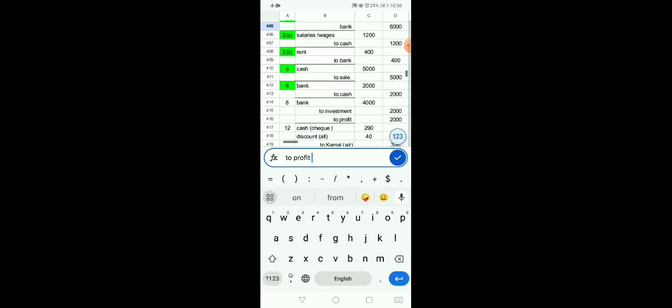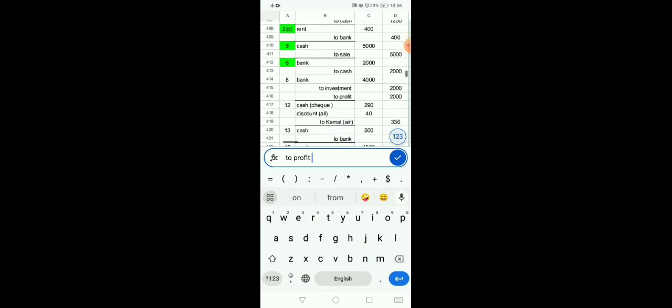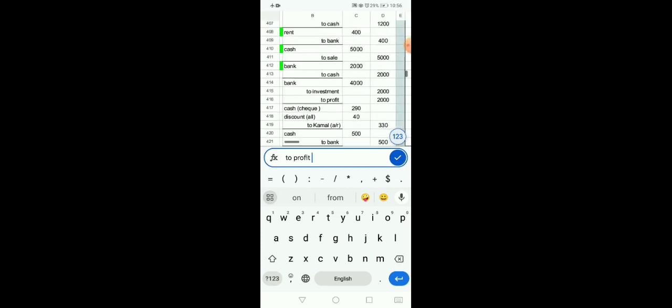See its reference. There are two references, investment and profit, and both would be written. You will write first investment and then profit. You may write a single statement as well, but since there are two things, we have decided to write both. Investment and profit is the reference.